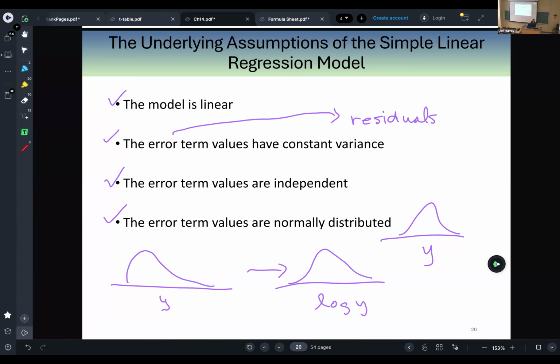You just have to be careful though, because when you make predictions using your regression line, you need to remember to back transform that. If your prediction is log y, let's say it comes out as 0.2, then you have to take e to the 0.2 to untransform it back into dollars.